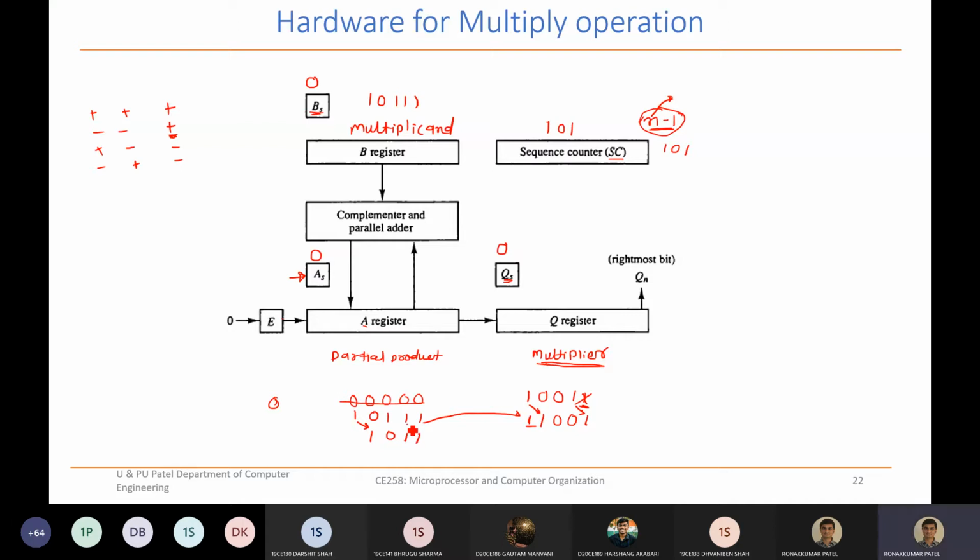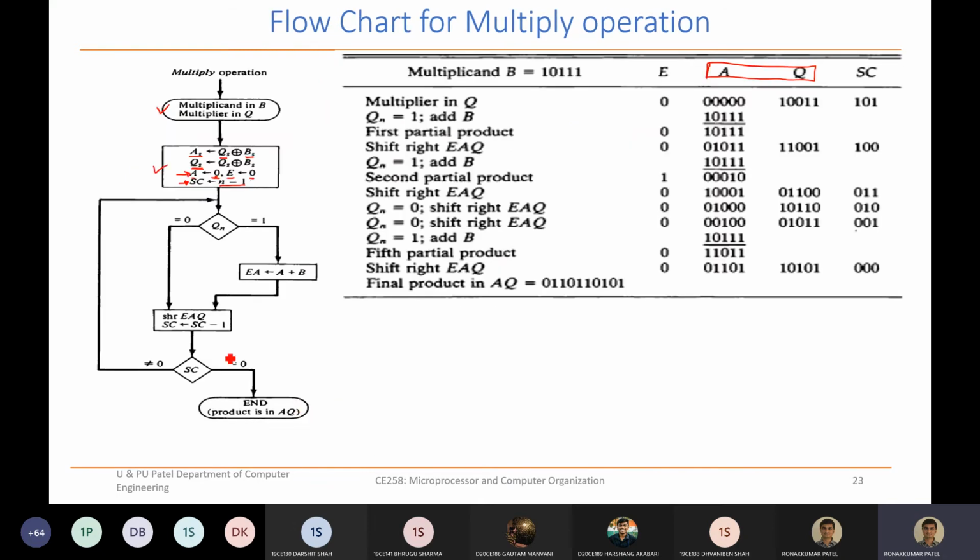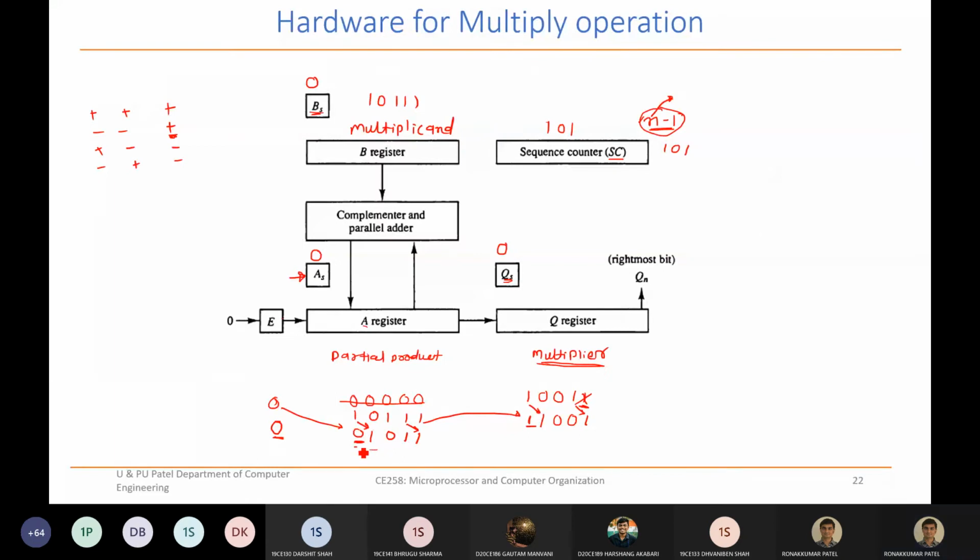Where did this 1 go? Here, to the most significant bit position of the multiplier. Okay. Now next, this is the empty position, so what we need to move? E is 0, and here it's empty, so if it is empty, just put 0. So after performing the shift right operation on EAQ, what is the value? 0, 0, 1, 0, 1, 1 and 1, 1, 0, 1.